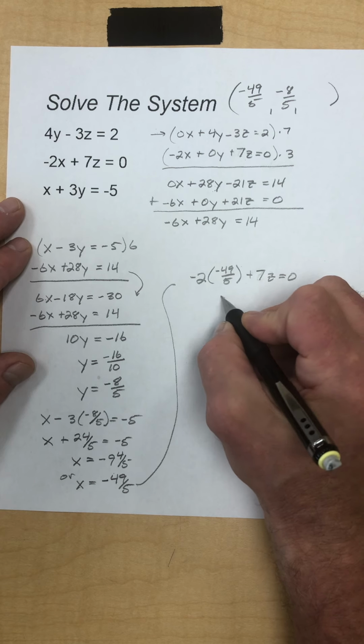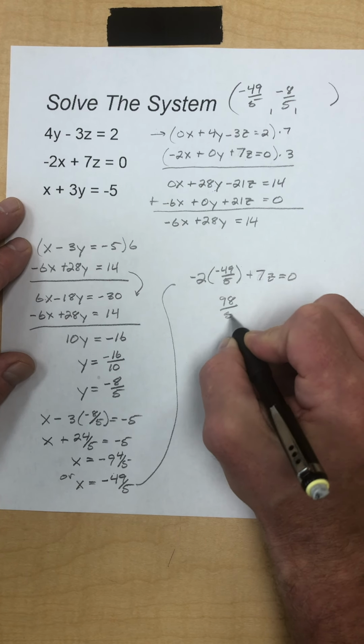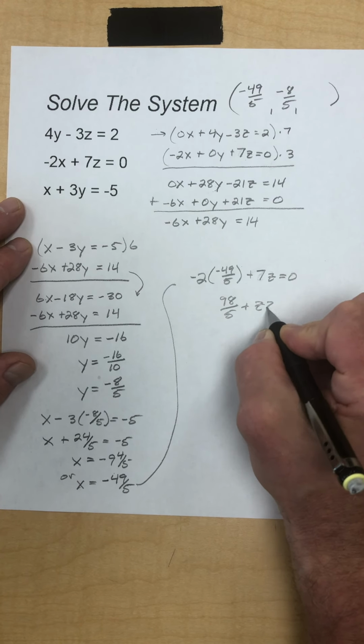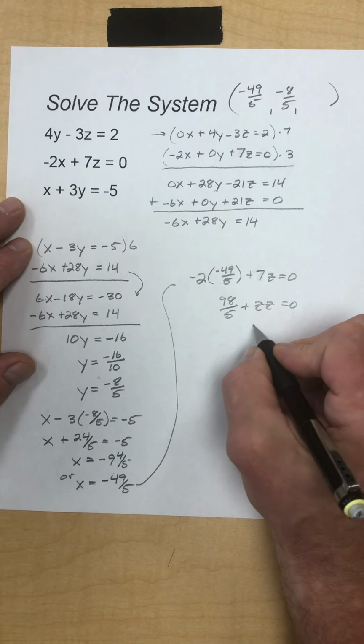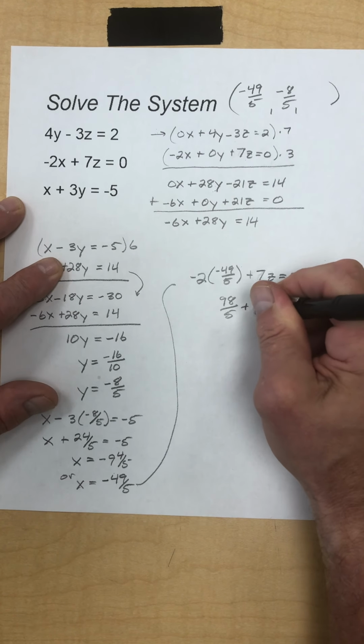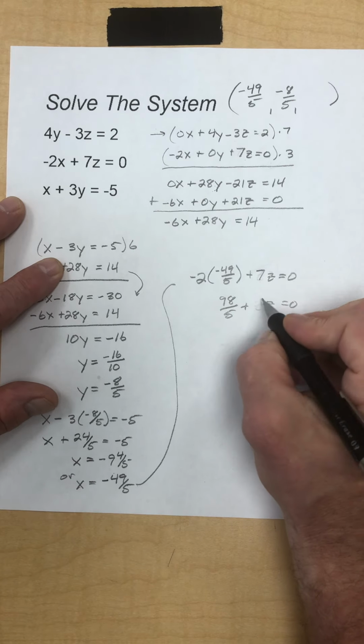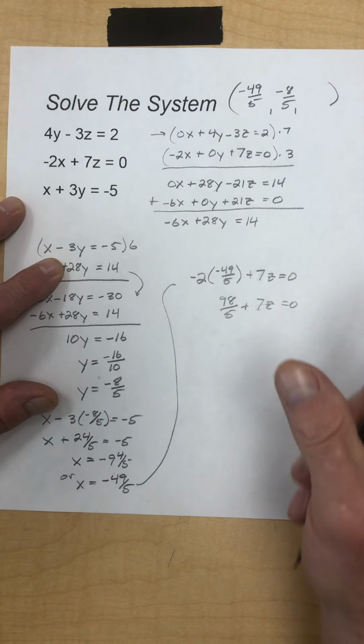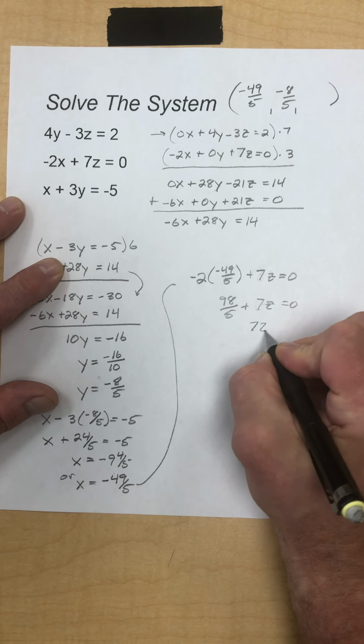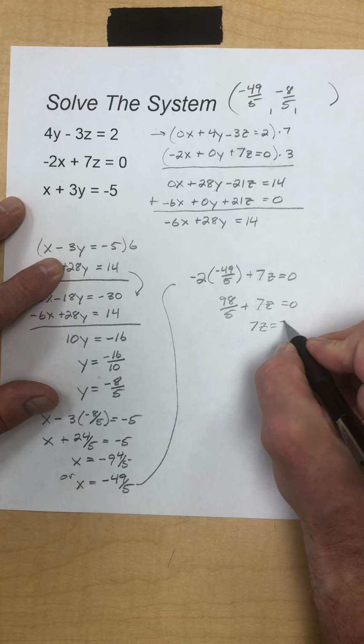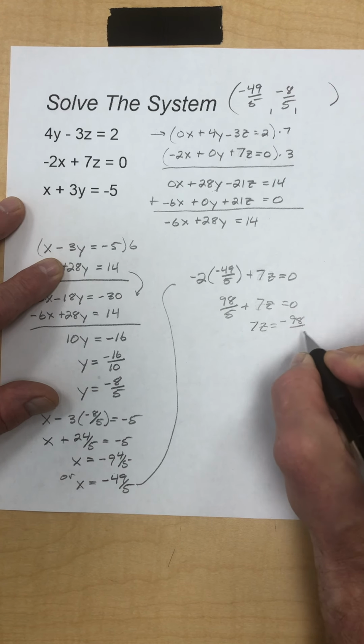Okay, so I get a positive 98/5 plus 7z equals 0. And I did that again. How many times am I going to do that? That's 7z. All right, so I get 7z equals a negative 98/5.